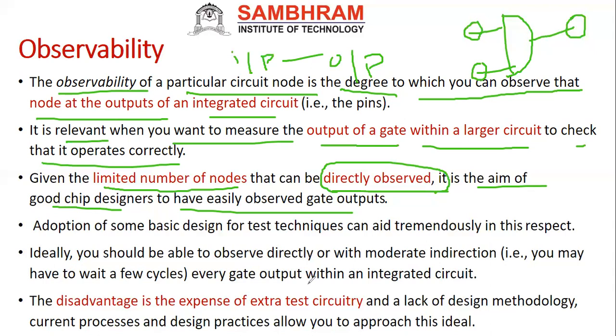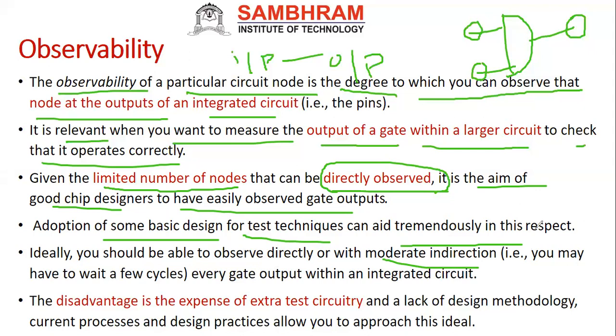So normally each and every gate we need to test, observing the output for the corresponding inputs. Next, adoption of some basic design for test techniques can help tremendously in this respect. Ideally, you should be able to observe directly or with moderate indirection.